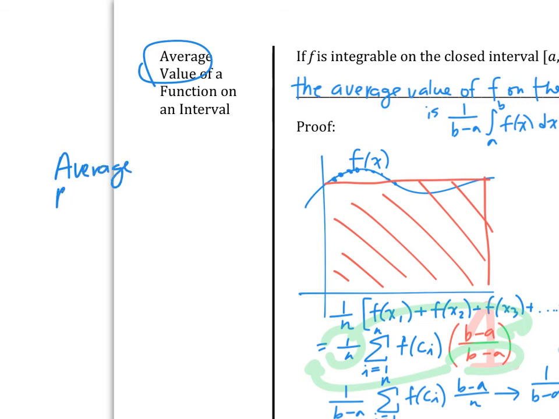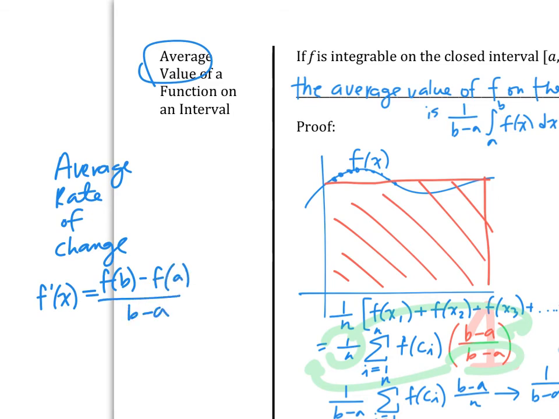Average rate of change, the AROC, do you guys remember what it is? What is the formula? Not f of x. f prime? Oh my. We're finding the derivative, right? Average rate of change equals what, though? The formula: f of b minus f of a over b minus a.